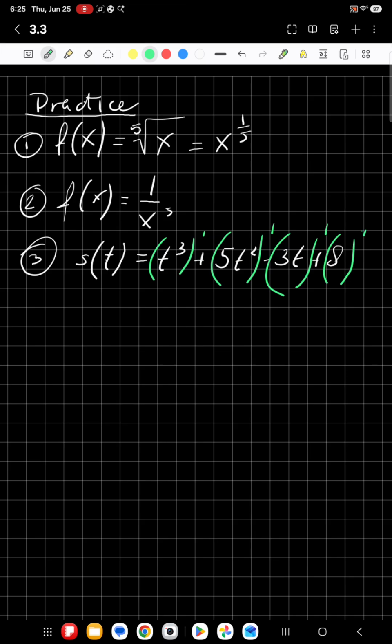Anyway, these are all primes, so those mean derivatives of those separate terms. Okay, and the last one. I'll go over that last one, because there's some algebra involved that you may not remember. Square root of x over x.